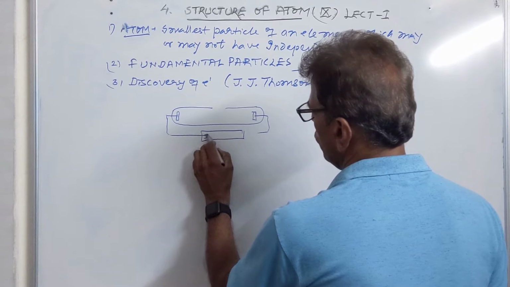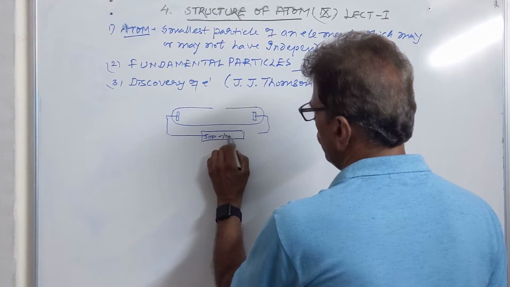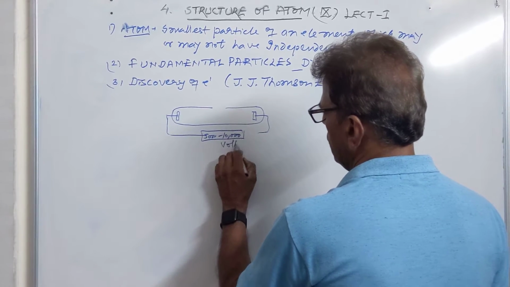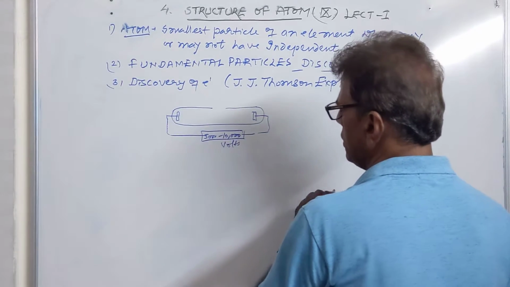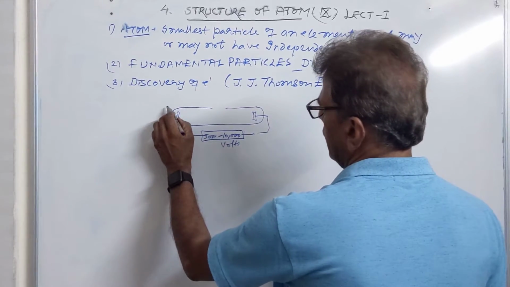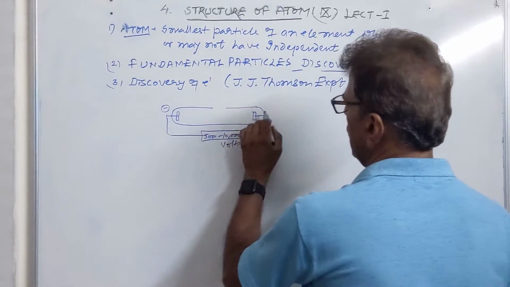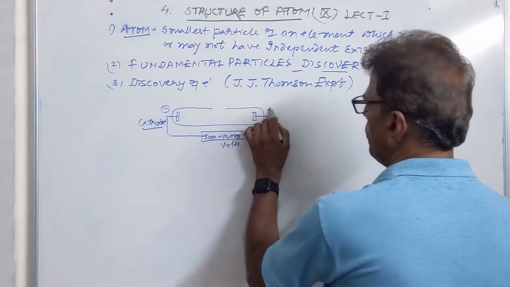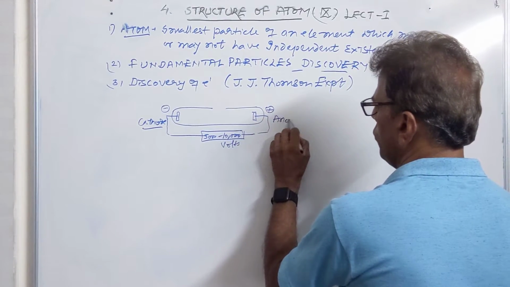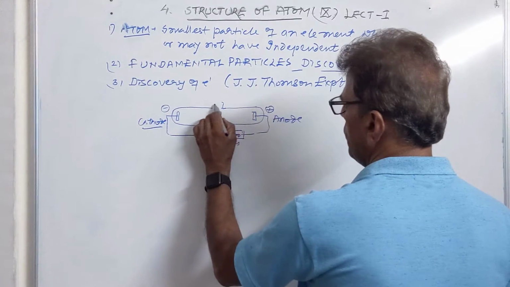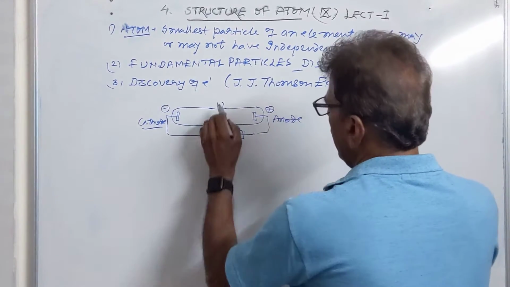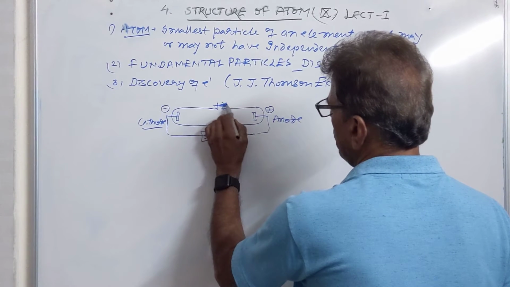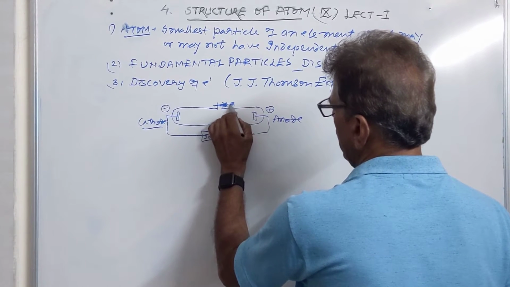This is the high voltage source, 5000 to 10,000 volts, passed across the gas taken in this discharge tube. This is the negatively charged electrode called cathode, and this is the positively charged electrode called anode. In the middle of the glass tube we have an opening through which the gas can be introduced and the pressure can be varied.